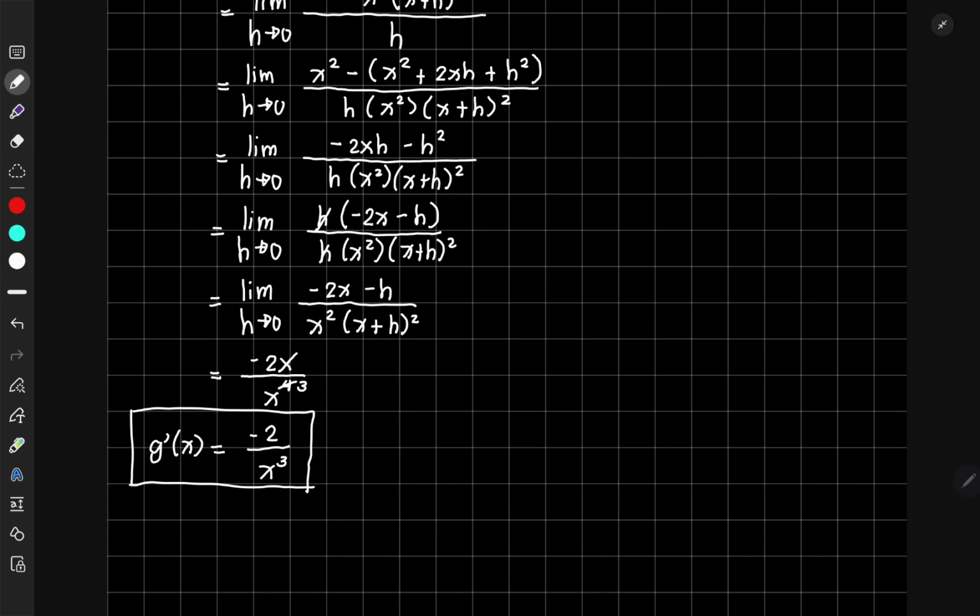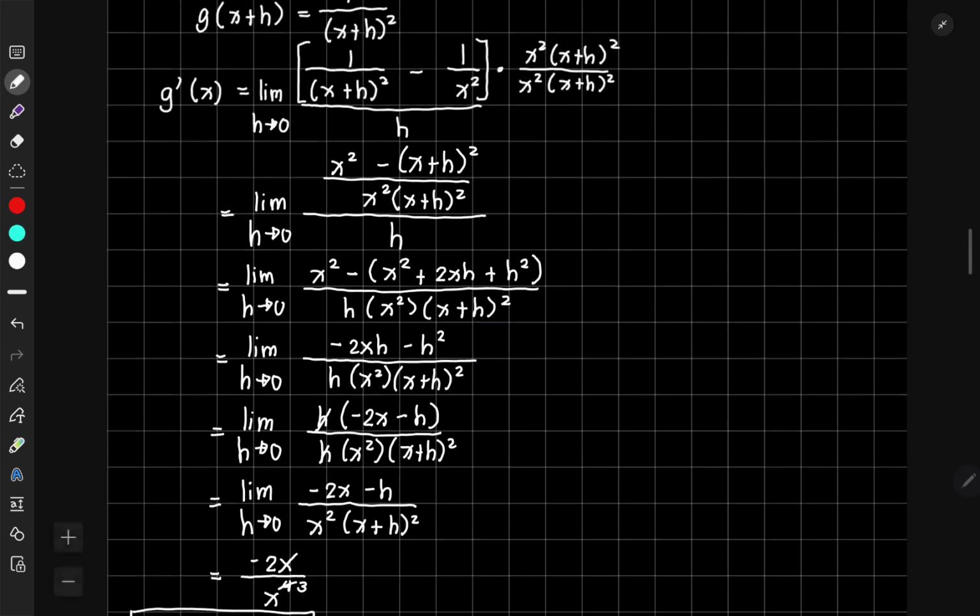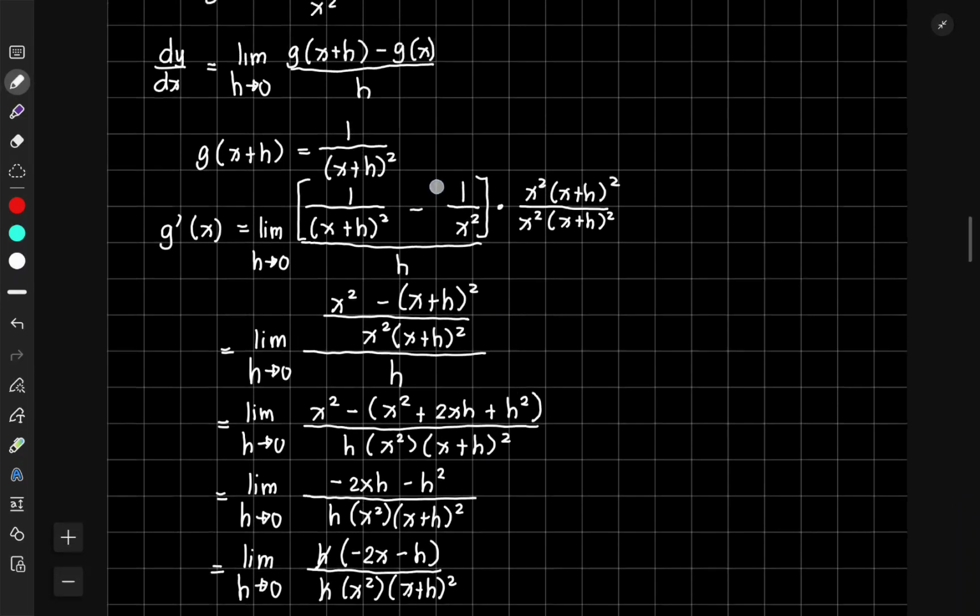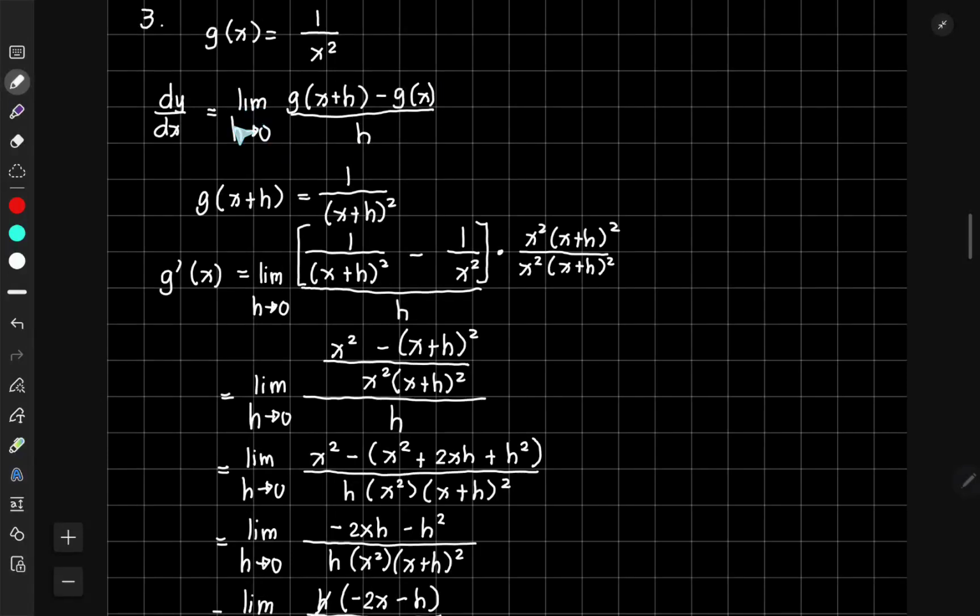So that is how to use the definition or formula of the derivative, which is dy over dx equal to the limit of f of x plus h minus f of x all over h as h approaches 0. It can be used on any given function to get the derivative, or the slope of the tangent.